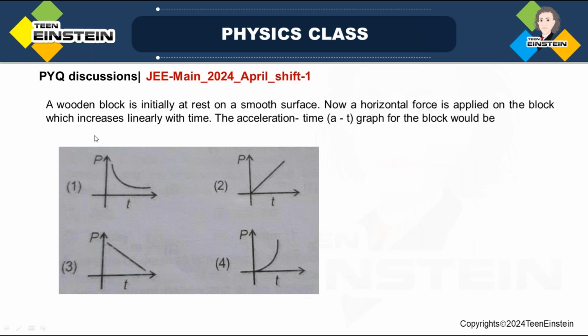Let us try to understand the question. The question says, a wooden block is initially at rest on a smooth surface. That means frictionless surface. Now a horizontal force is applied on the block, which increases linearly. That means the force itself is increasing linearly. Suppose this is a horizontal plane. Okay, so there is a wooden block like this, and this is actually smooth surface.